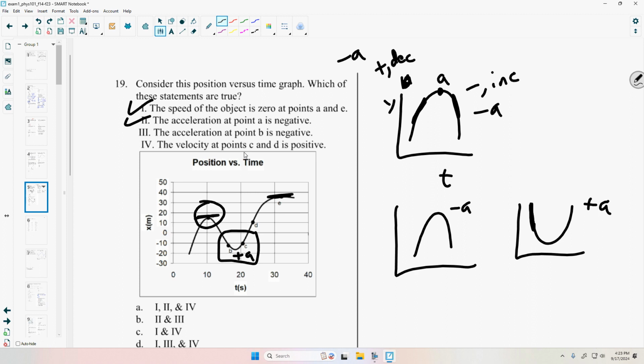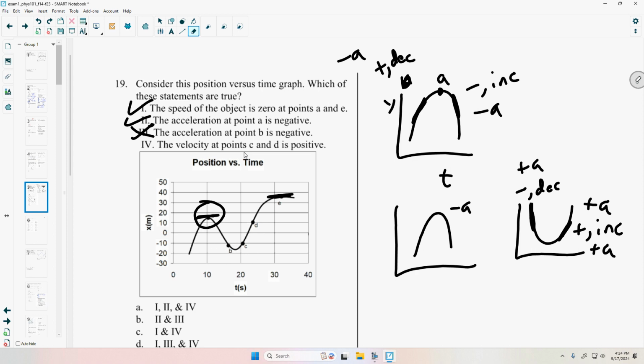Here I have a negative decreasing slope. That means I have a positive acceleration. Here I have a positive increasing slope. That means I also have a positive acceleration. So at points B and C, I have a positive acceleration. So that's not correct.